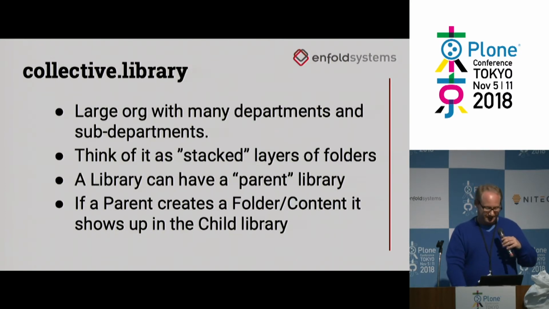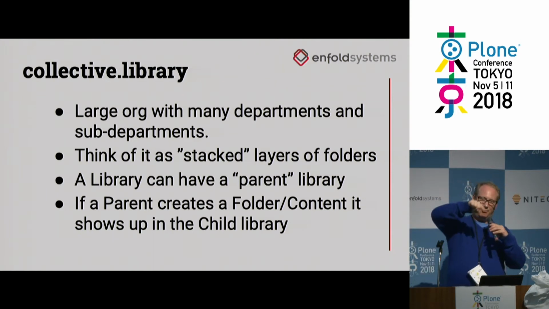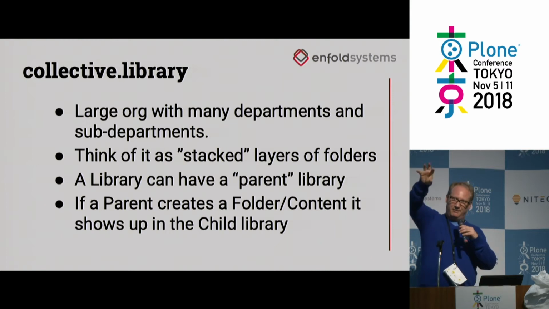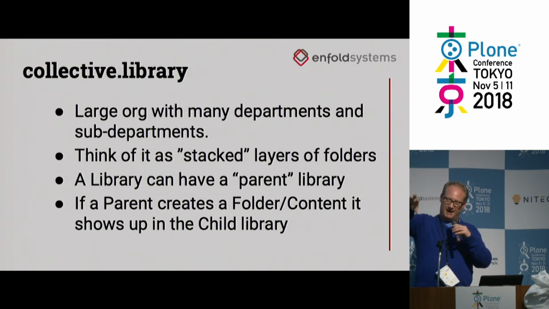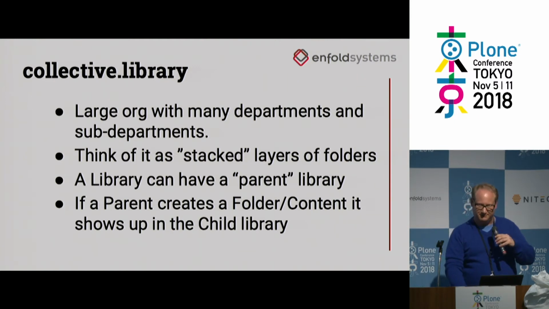Collective library is this really weird thing for large organizations that basically have libraries where they can create folders and content structures, and you can create another library that points to a parent library, and then that library will see the parent's folders and contents, and then they can add things inside of their library. It's really strange. You could give it a try.